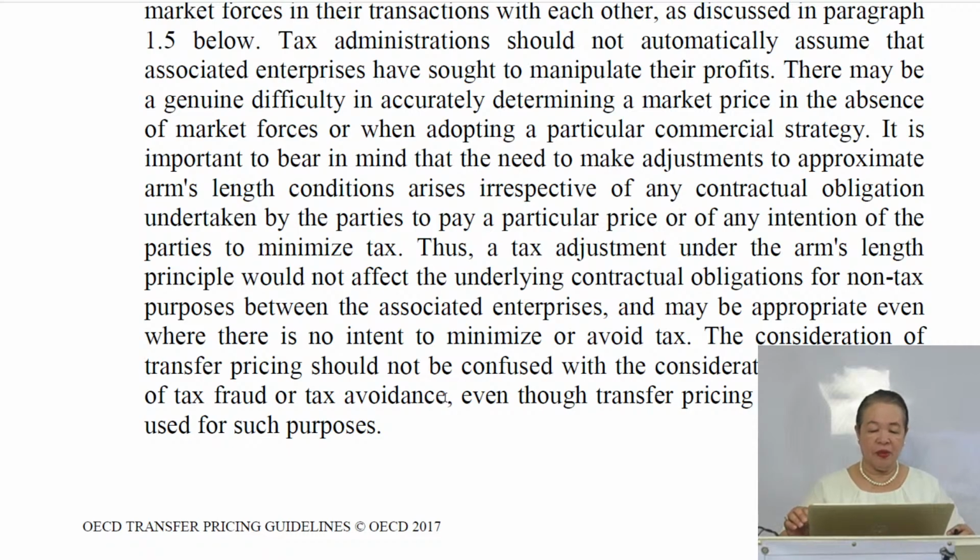Even though transfer pricing policies may be used for such purposes, the policies or methods in transfer pricing can be used for tax fraud or tax avoidance activity, but of course, it is different from transfer pricing, because transfer pricing should be a regular conduct of the taxpayer and also a regular conduct of the tax authority.